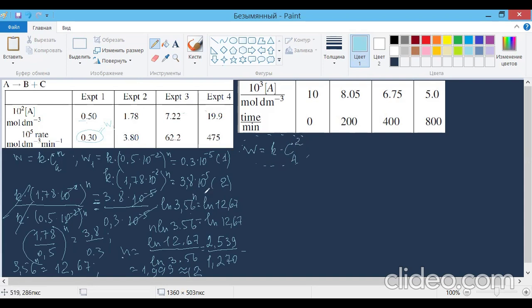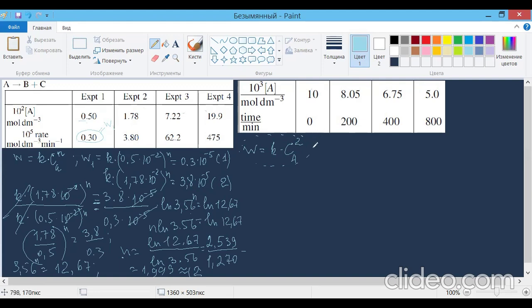Now, in the second part of this problem, they ask us to confirm that the data contained in the second table are consistent with what we have just found out, that the reaction is second order.